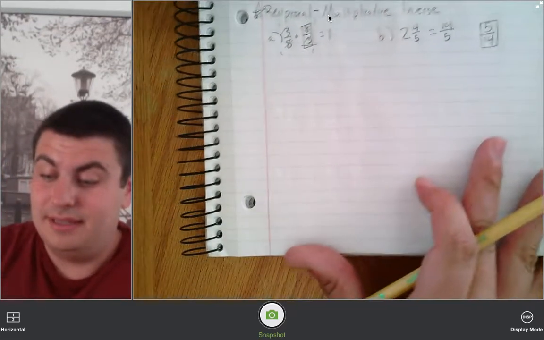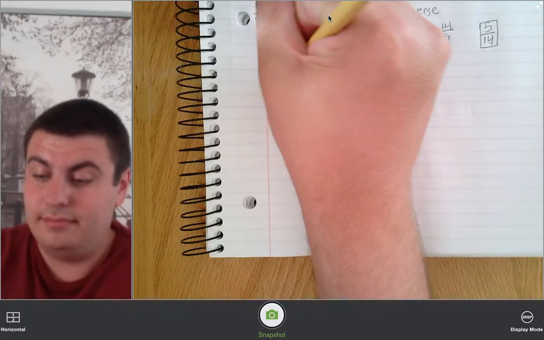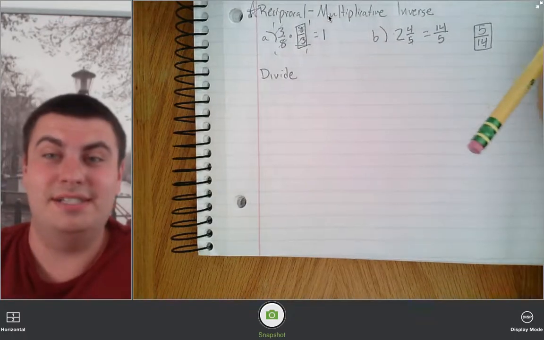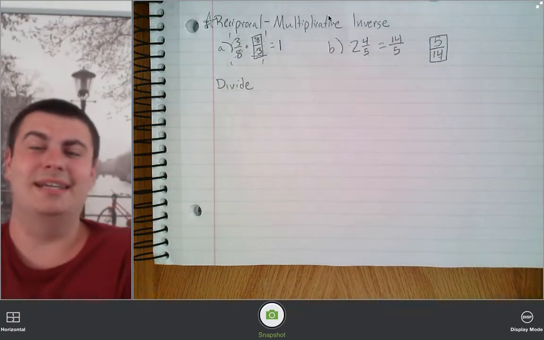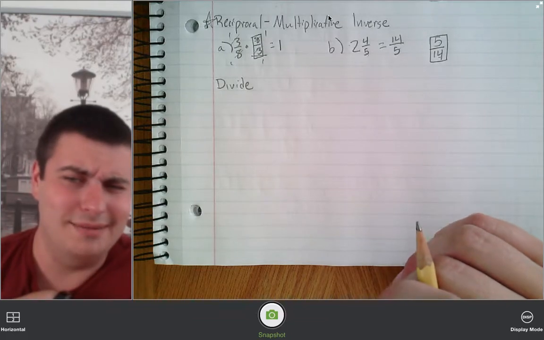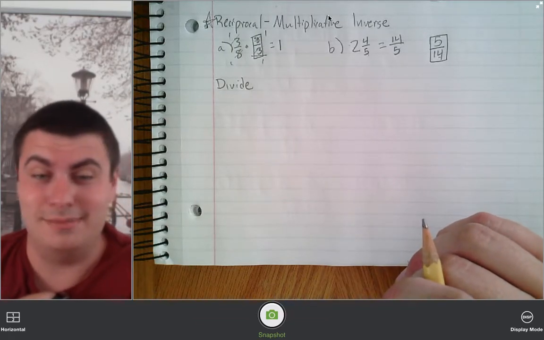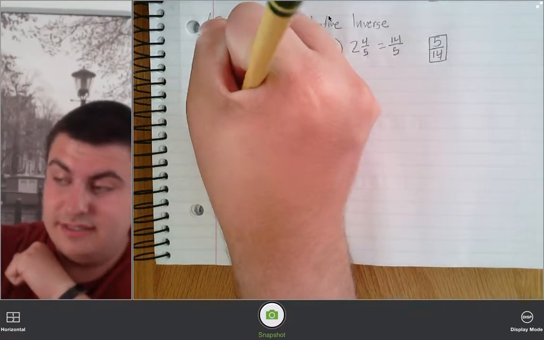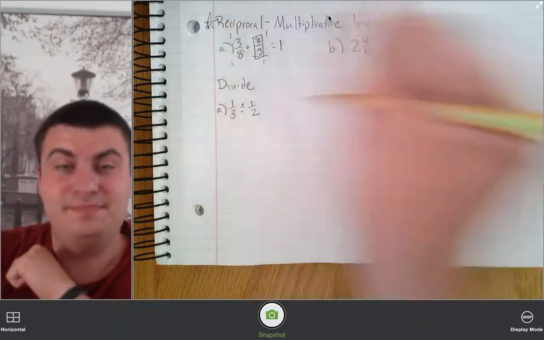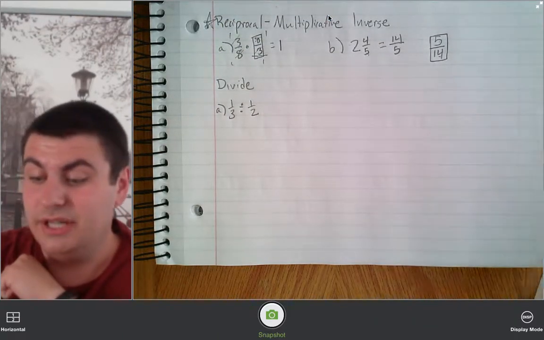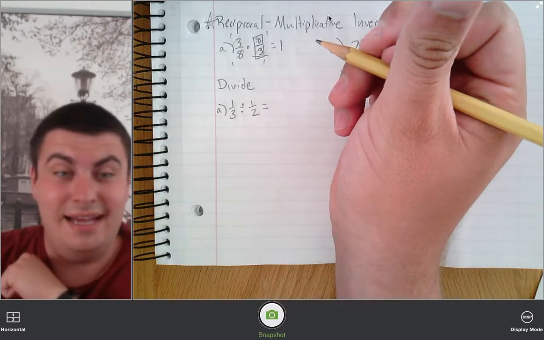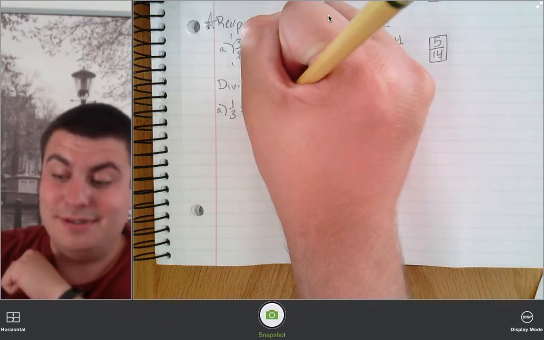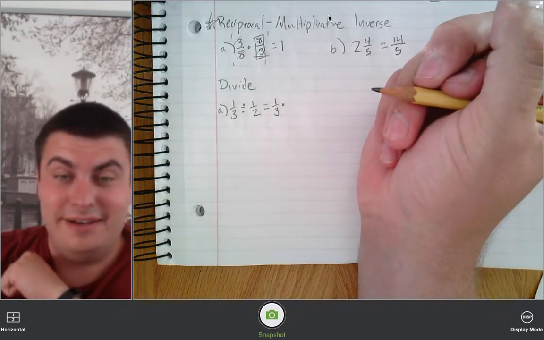Alright, now let's divide rational numbers. The way we divide rational numbers is also rather easy. It's only one step more complicated than multiplying. If we have 1/3 divided by 1/2, we're going to rewrite this as 1/3 times the reciprocal of our second term.